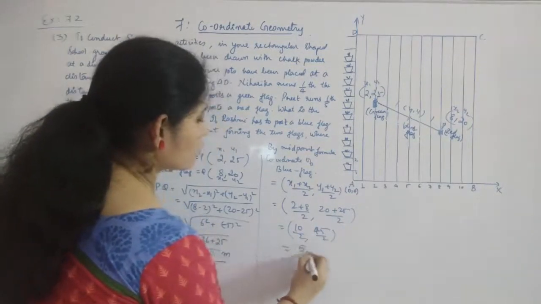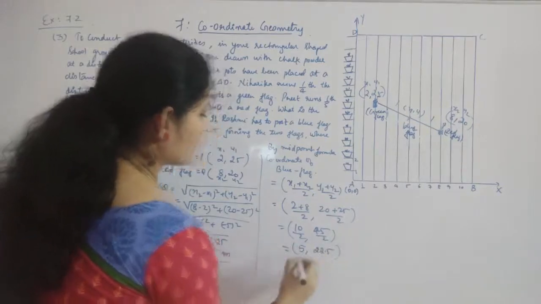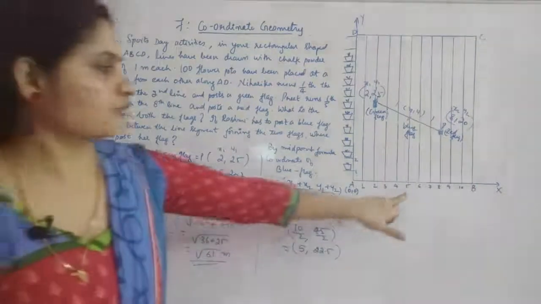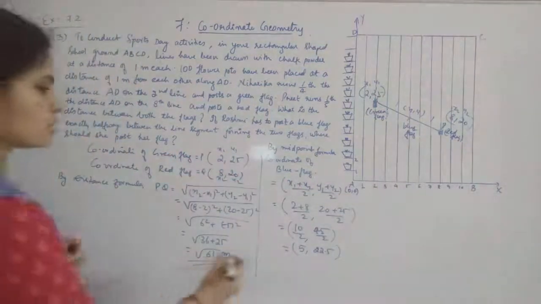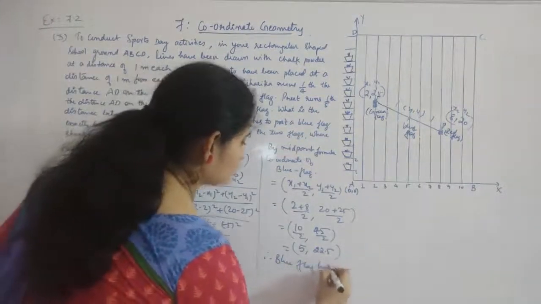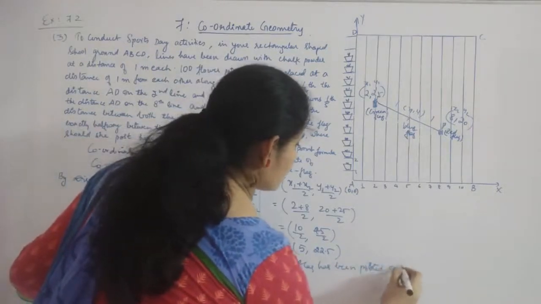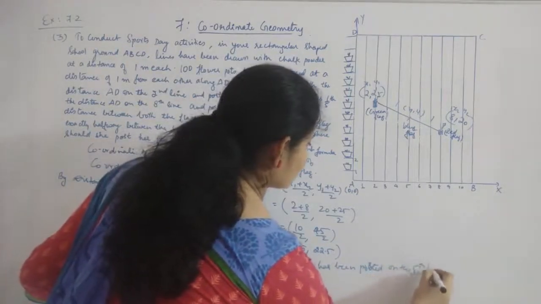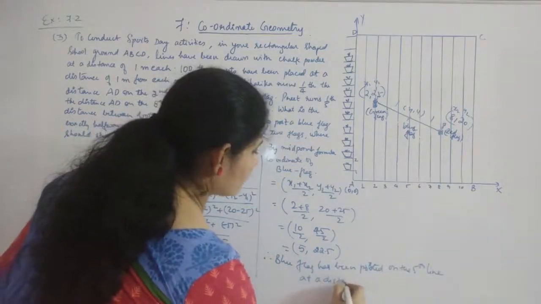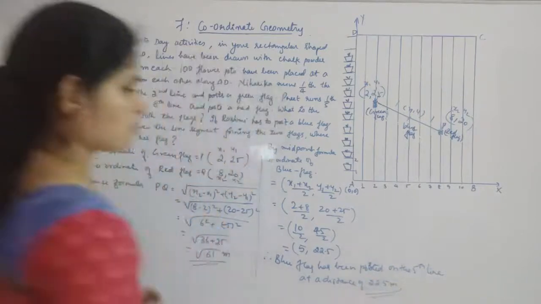This is your 5 comma 22.5. Okay, the meaning of 5 comma 22.5 is that the blue flag has been posted on the fifth line at a distance of 22.5 meters.